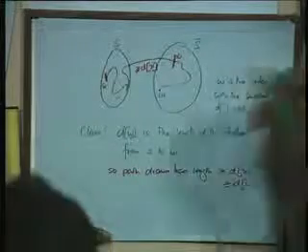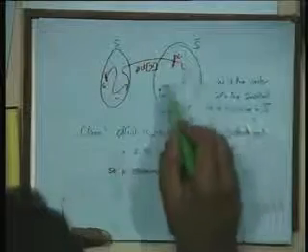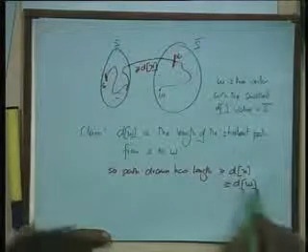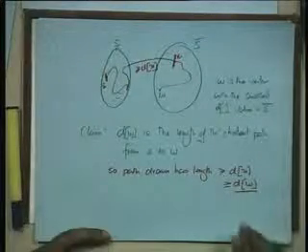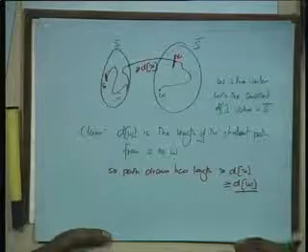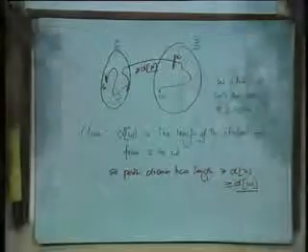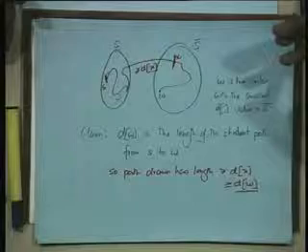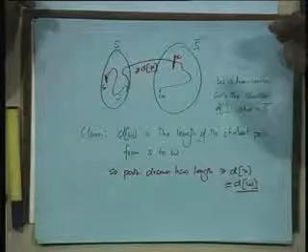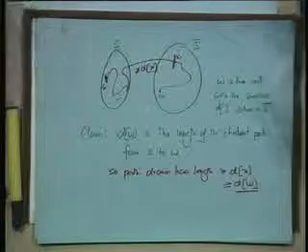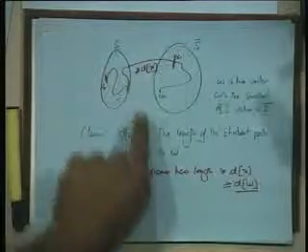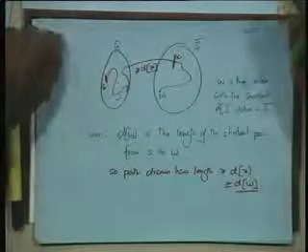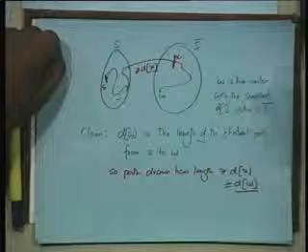So, this path has length at least as large as d of w, which means it is not a shorter path. We started off by saying that there is a path whose length is strictly less than d of w. So, that is not the case. If there were such a path, it would have to have a length greater than or equal to d of w. It cannot be strictly less than d of w.